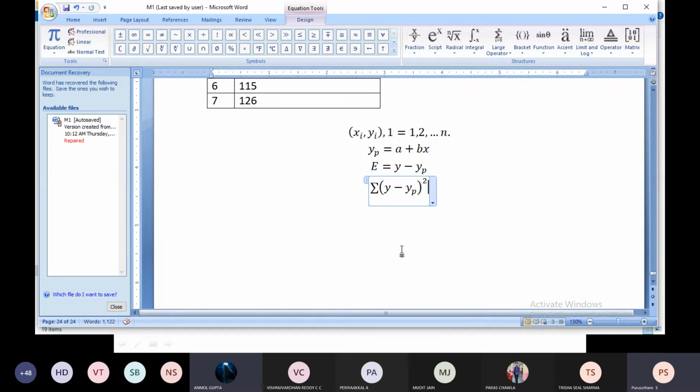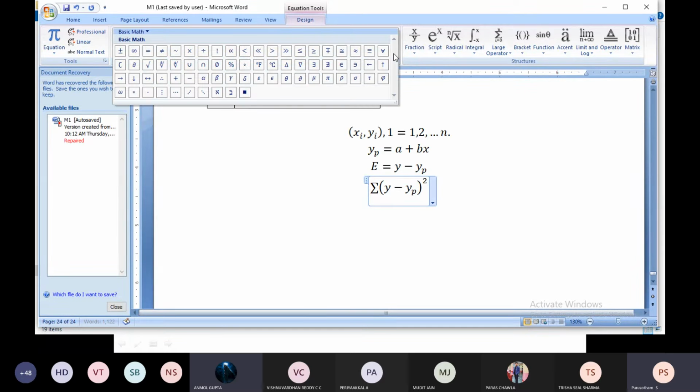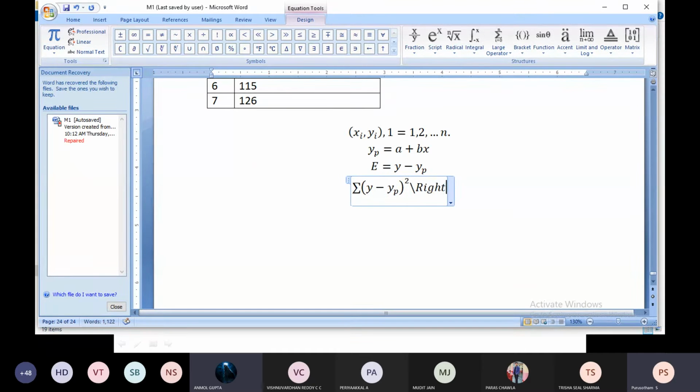This implies, with the notation y replaced by yi, sigma of (yi minus (a plus b xi)) whole square, which I am treating as a function f of a and b.